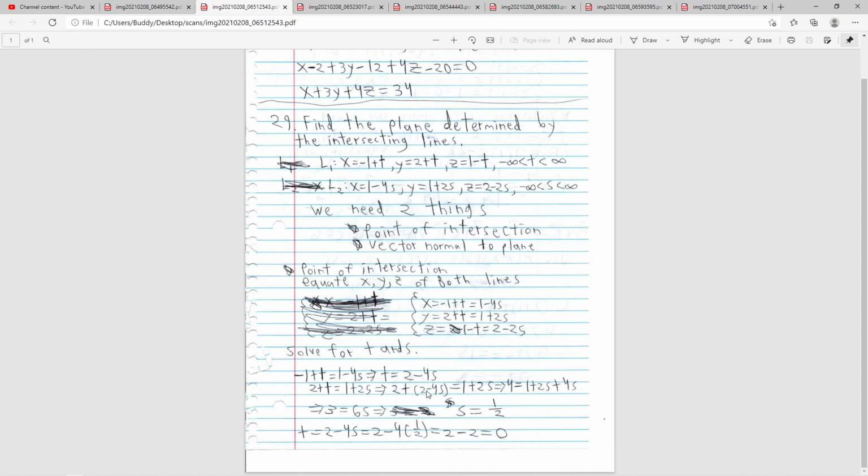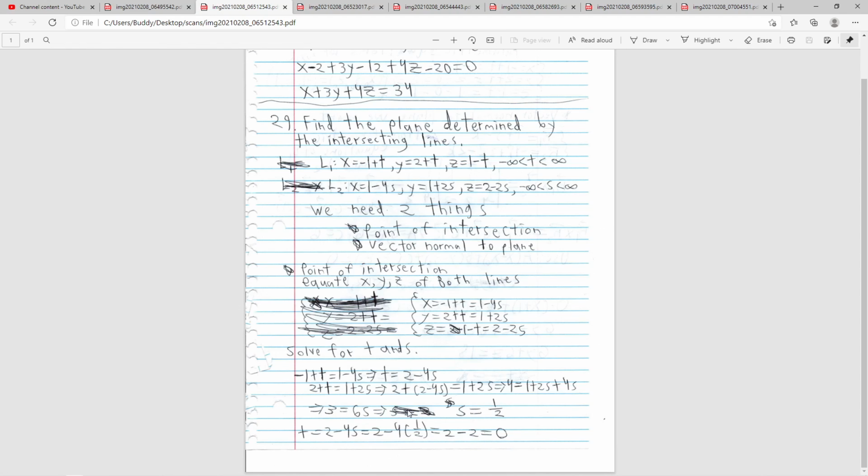you add 2 and 2 and add 4s to both sides. You get 4 equals 1 plus 2s plus 4s. I'm simplifying both sides of the equation. From there you get 3 equals 6s, which means that s equals 1/2, and t equals 2 minus 4s.